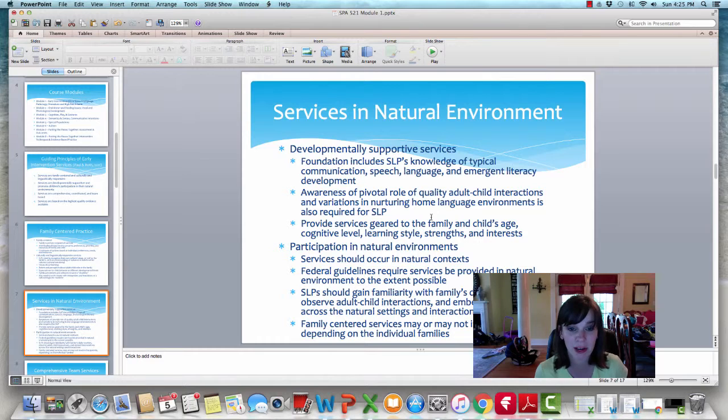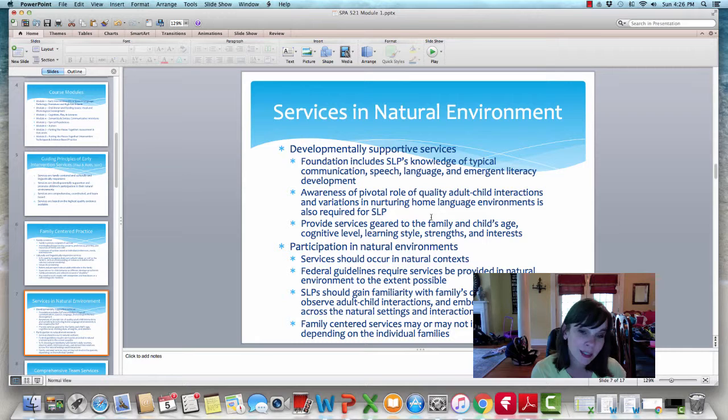It's going to be very, very crucial. We also will provide services geared toward the family and child's age, cognitive level, learning style, strengths, and interests, taking all those factors into consideration. So that's how we offer developmentally supportive services.